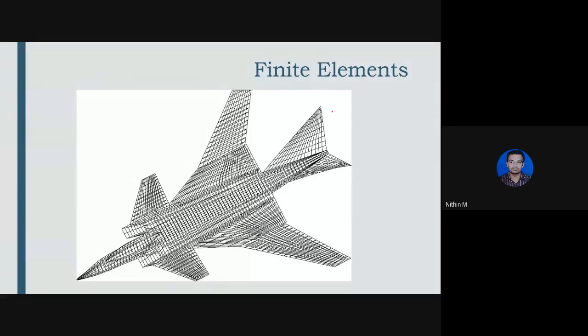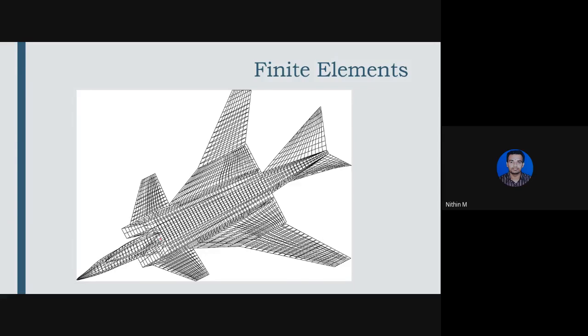If you can see here, in these cases the elements are triangular in shape, but here the elements are rectangular in shape. Here again the elements are triangular. Here the elements are cylindrical.